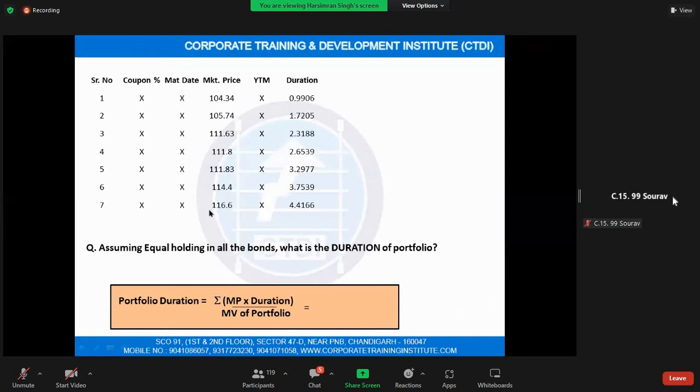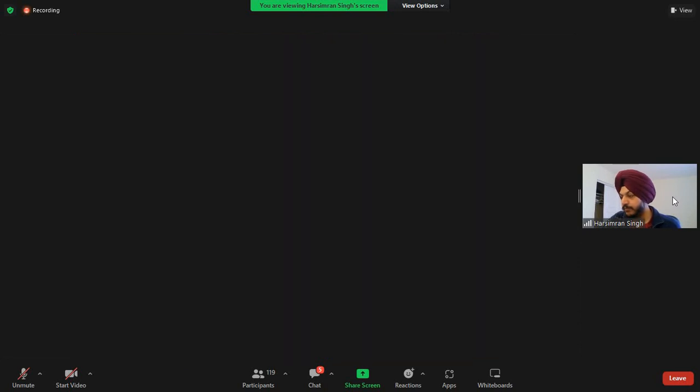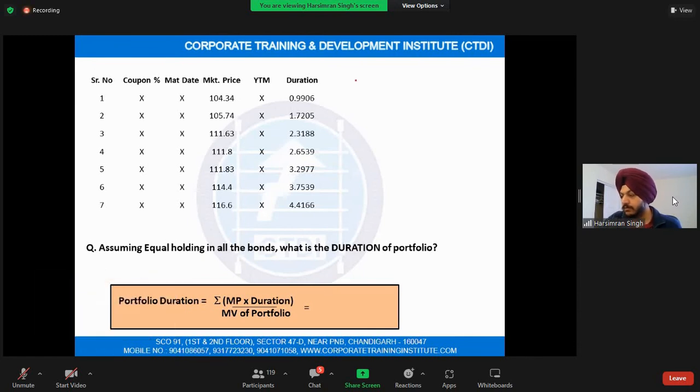Please calculate the portfolio duration, everybody. You can simply create one extra column here: market price into duration.